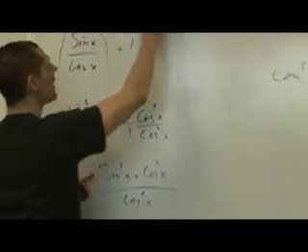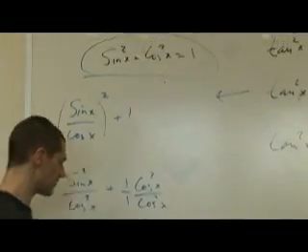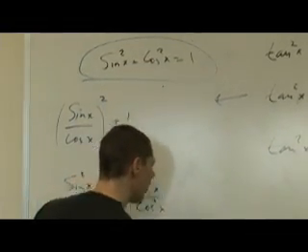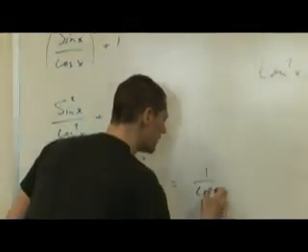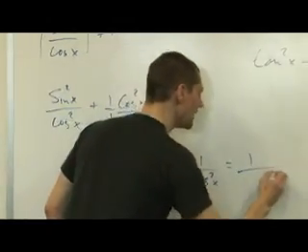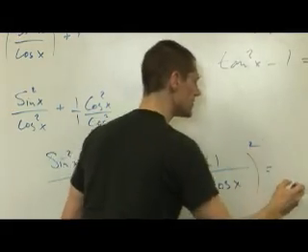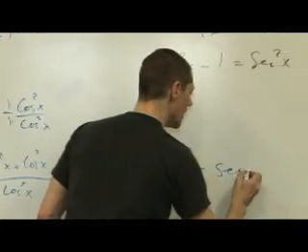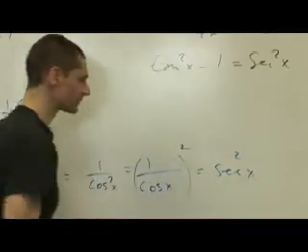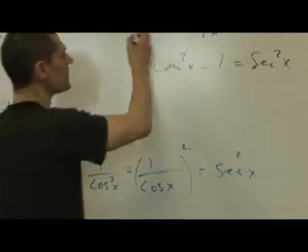But we know that sine x squared plus cosine x squared is equal to 1. So this is 1 over cosine squared x. This is 1 over cosine x squared. This is secant x squared. Okay, so this is the one.